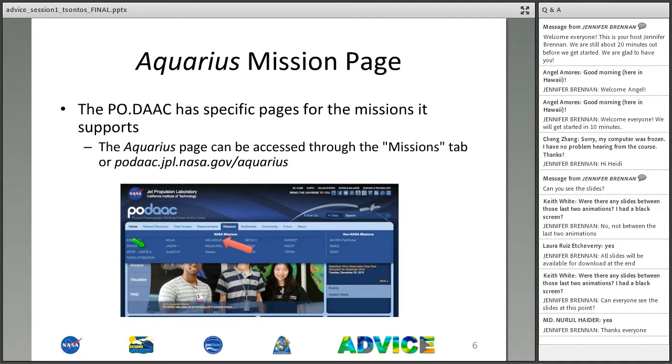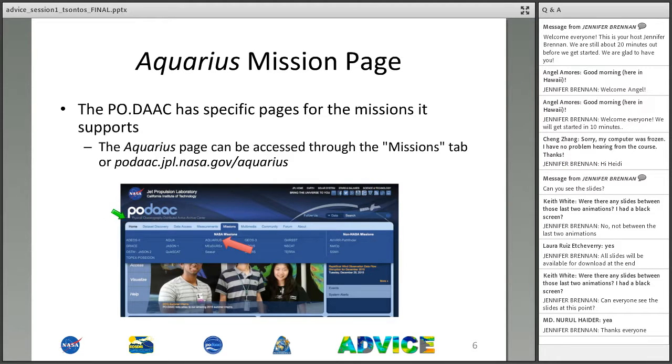Okay, the gateway to all PO.DAAC data resources and information on data is via the PO.DAAC portal. To get to the portal, you simply go to Google and type in PO.DAAC, and that will take you directly to the PO.DAAC web portal page.